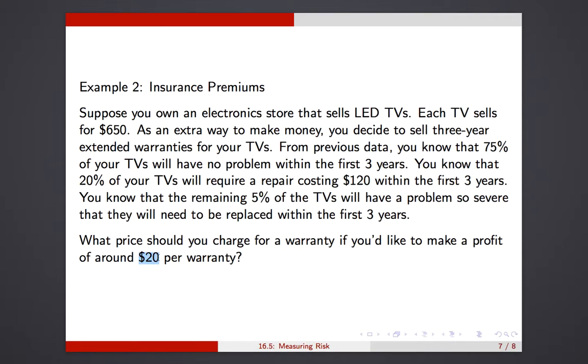The $20 here is arbitrary. You want to make some profit, so I filled in a number there just so that we could compute something, but this is the kind of question that dealerships, stores, whoever, they have to make these computations all of the time. They're always answering this question when they're selling warranties. We know we want to make a profit of some set amount, so what price should we charge?